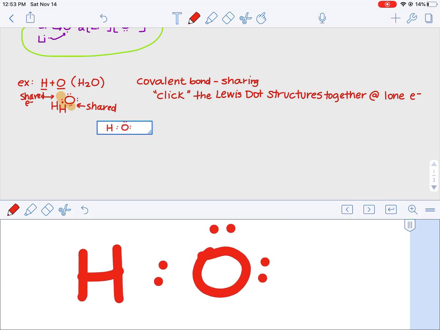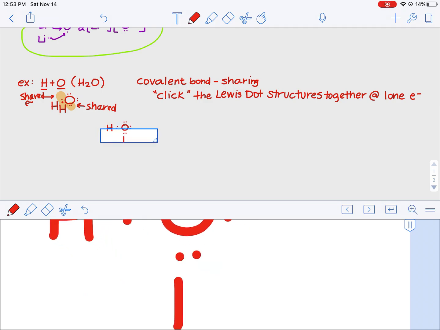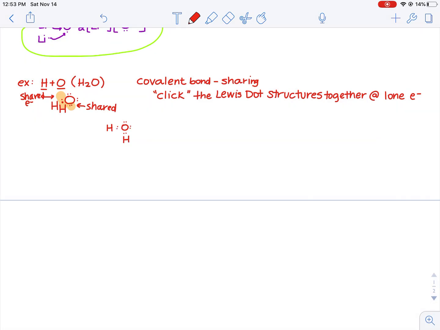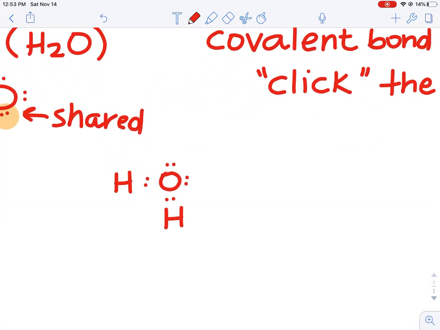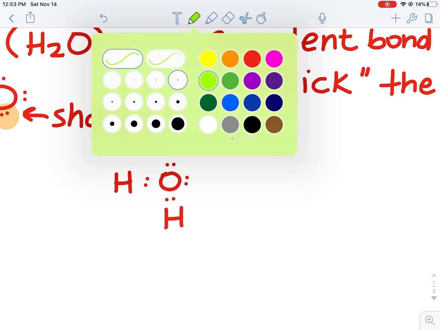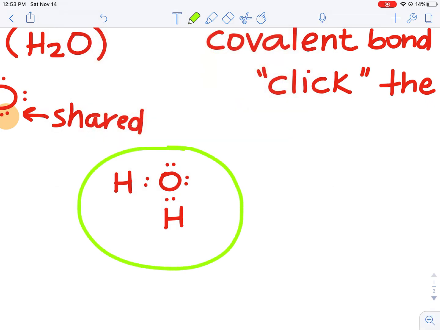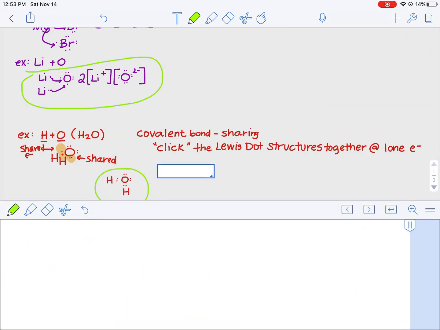What we wound up doing was clicking these pieces together in this fashion, so that our atoms aligned like so. With the covalent bond, that is the final answer you'll have to represent. You don't need to show all of your work in terms of the original puzzle pieces and how they're clicking together. You can just show what the final puzzle looks like after the pieces click together.